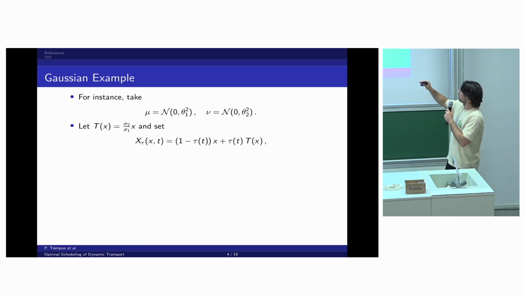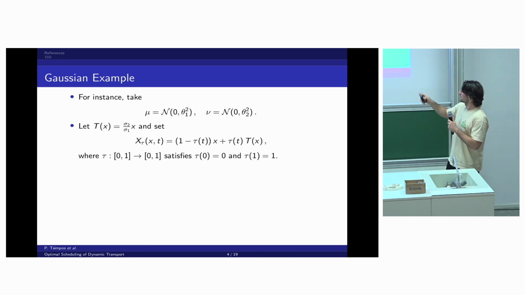Let me specify the flow map to be this affine interpolation between the identity and T. What this means is that every particle now travels from x to T of x on a straight line. And tau there is a new degree of freedom, which is a map from 0,1 to 0,1 that fixes the boundaries. This specifies the rate at which your particle travels from x to T of x, right?